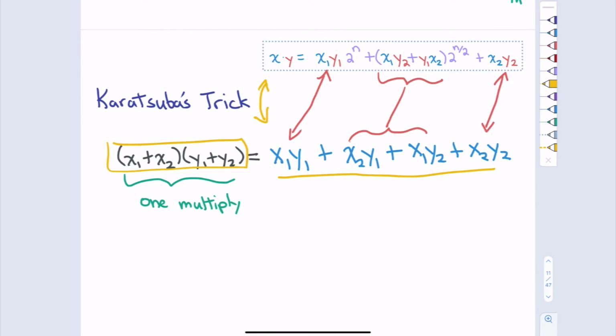I should have drawn the squares separately. Let's say you've also added those together. I'm looking for a trick where I simulate that top line using only 3 multiplications.